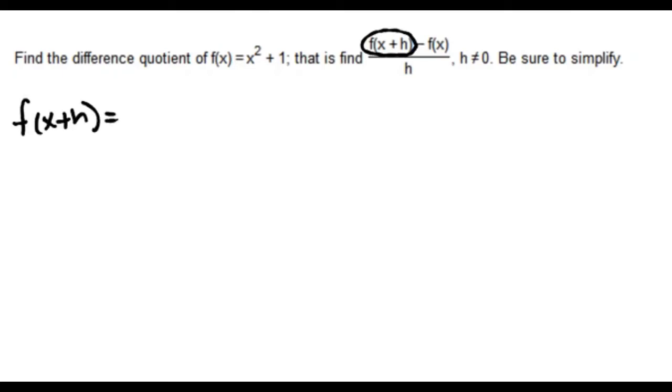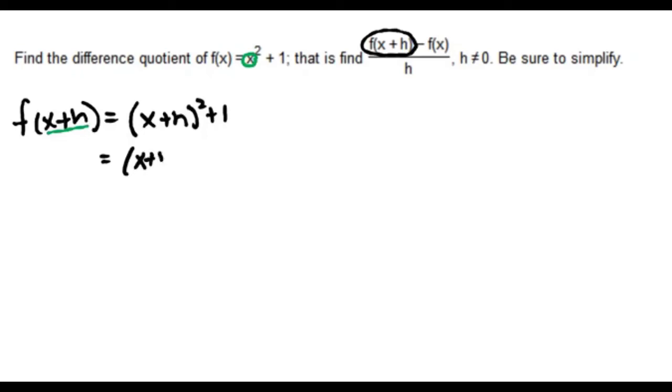Now, the expression f of x plus h can be found by replacing the variable x with what we have inside the parentheses. So that's going to give us x plus h squared plus 1. And we want to simplify this. So squaring means to multiply the base twice.